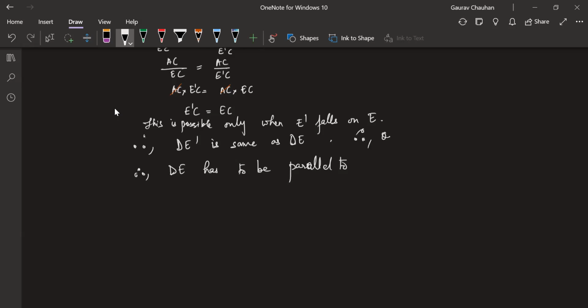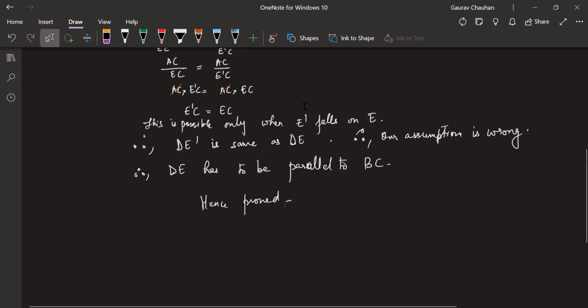You can write here, therefore our assumption is wrong. This is something you should write. In any proof by contradiction, you should end it by saying therefore our assumption is wrong. Therefore, DE has to be parallel to BC. Hence proved. Give me a 55 on your understanding of the flow of the proof.